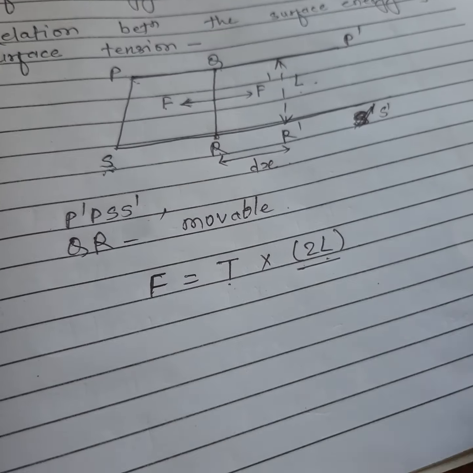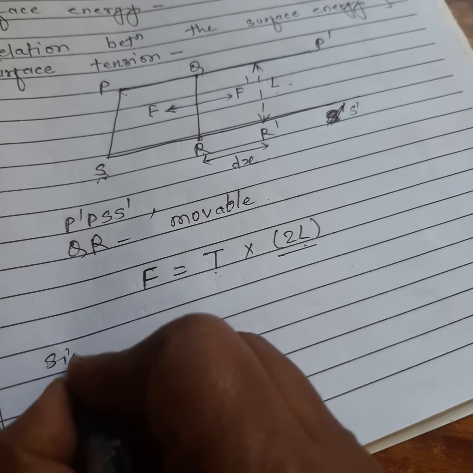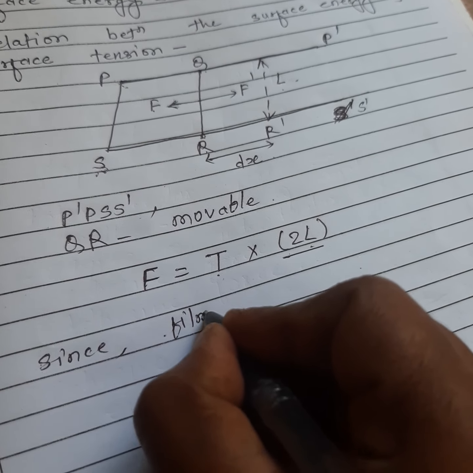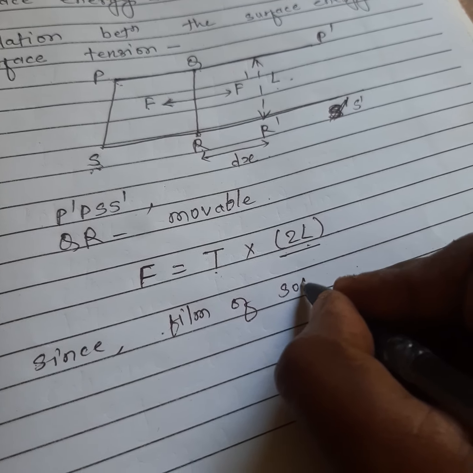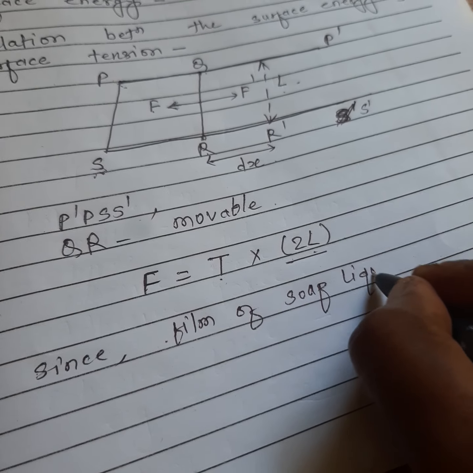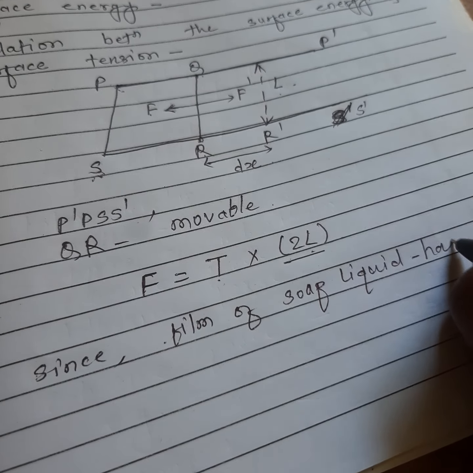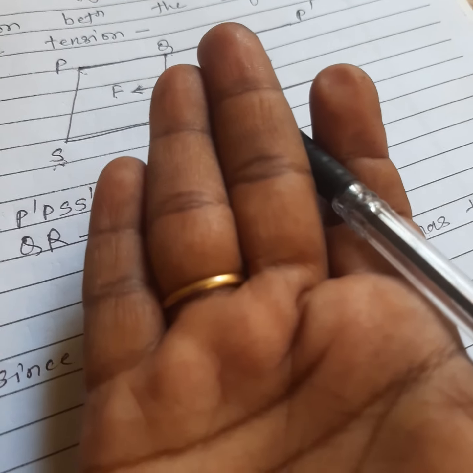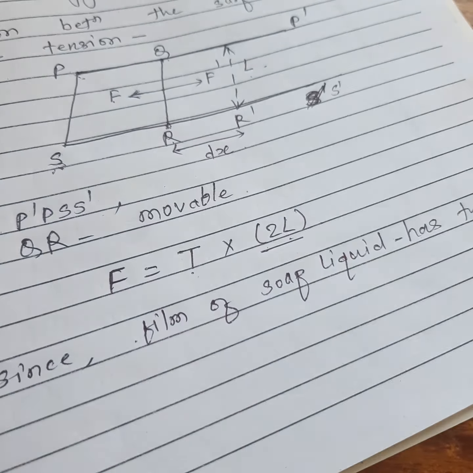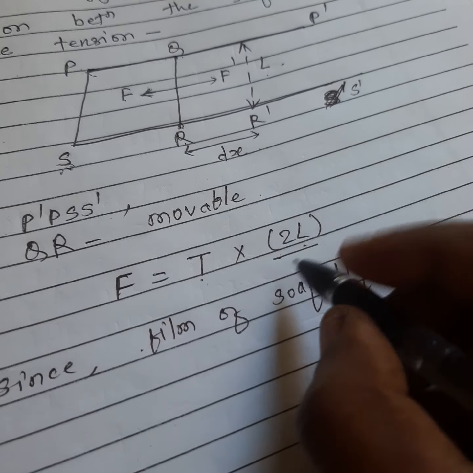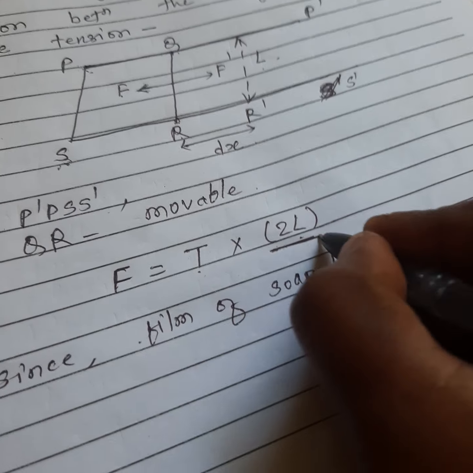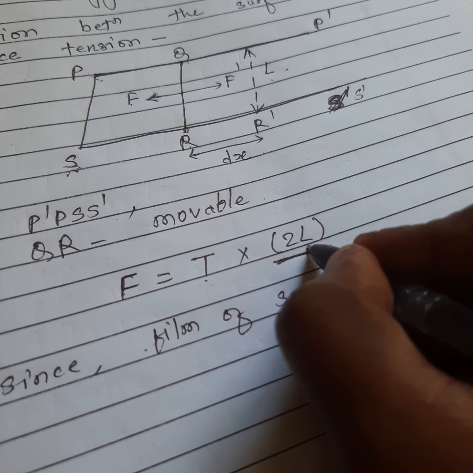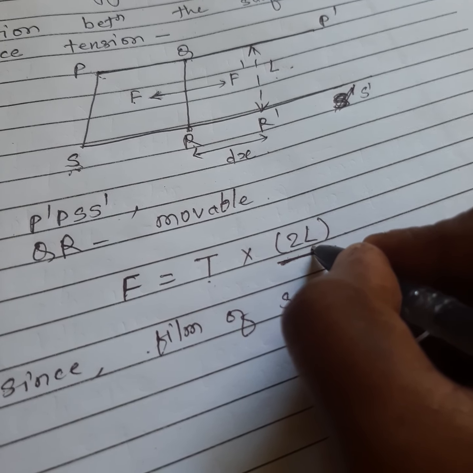This 2L, since the film of soap liquid has two sides, upper side and lower side. Since that, this length is considered as 2L, 2 times the length of side QR.